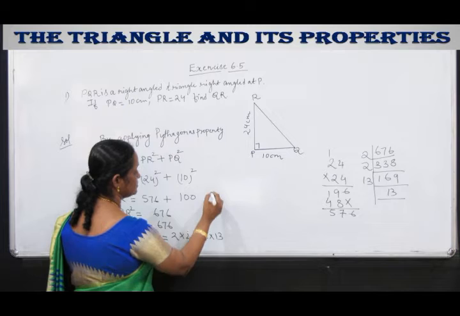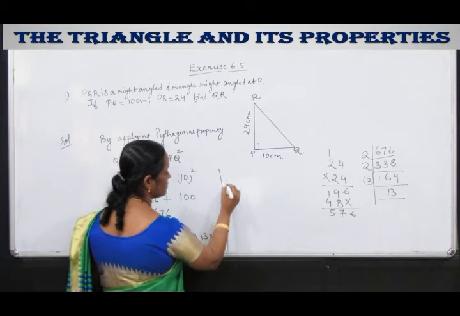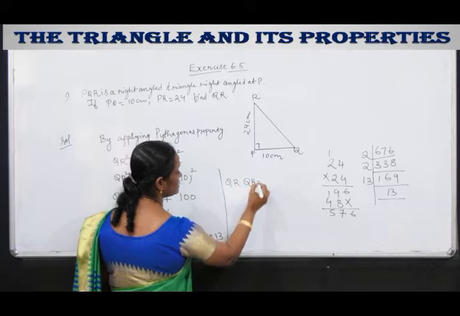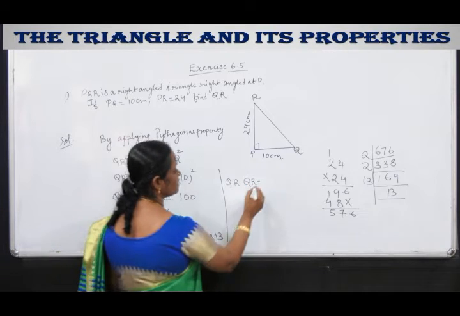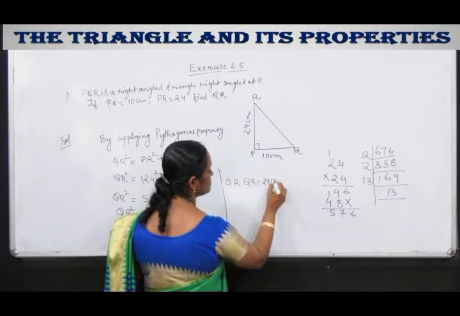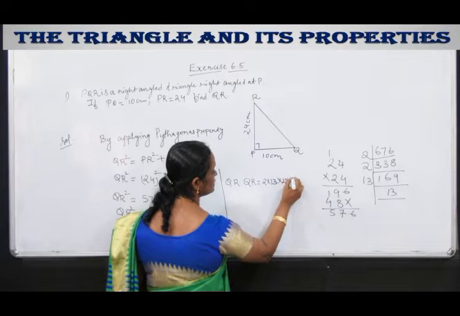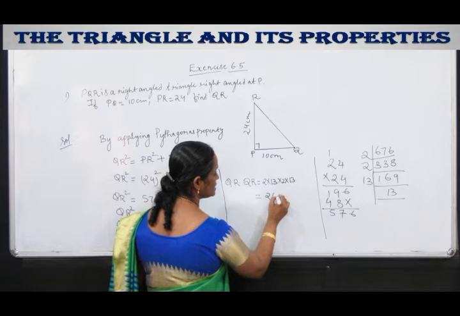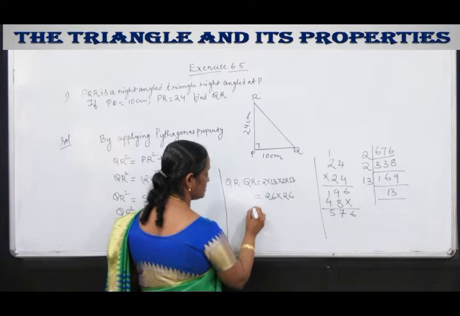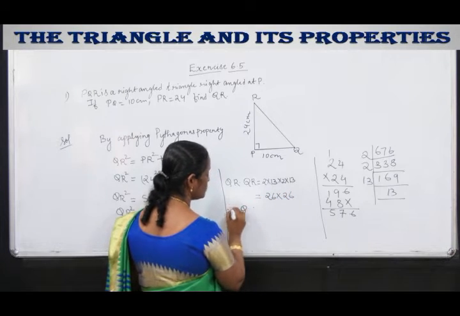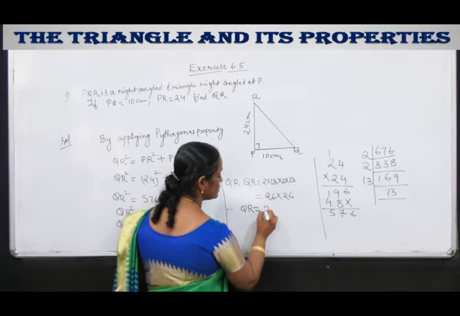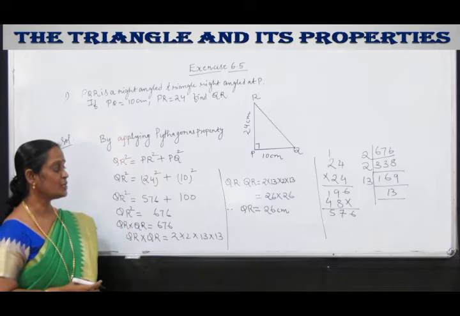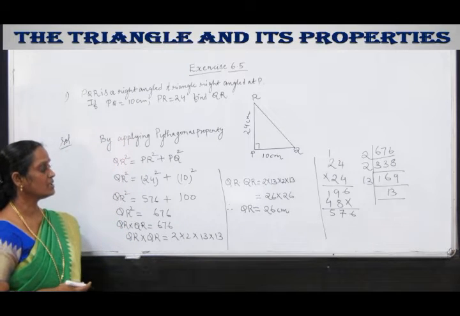So QR into QR is equal to 2 into 13 into 2 into 13, that is 26 into 26. Therefore QR will be 26 centimeter. So the hypotenuse here is 26 centimeter.